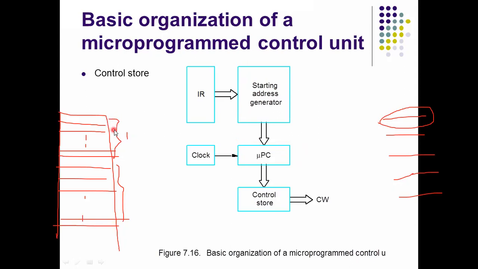These micro instructions belong to the first instruction, and these micro instructions belong to the second instruction. This is the starting address of the first instruction, and this is the starting address of the second instruction. Like that, we know which instruction we are taking based on the starting address generator.